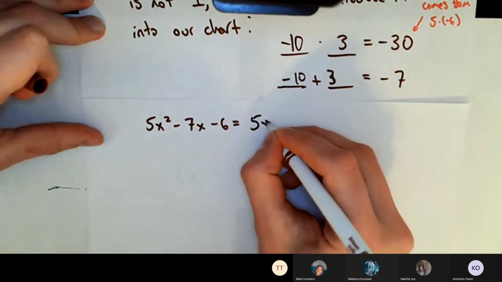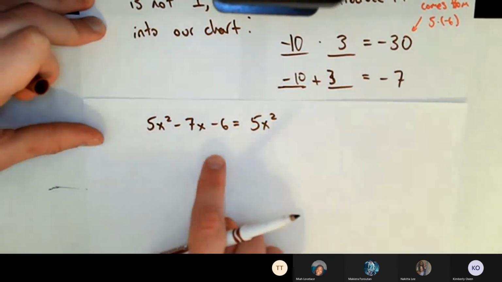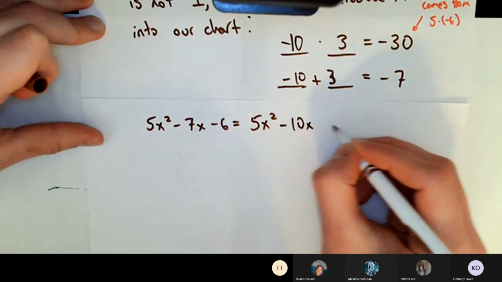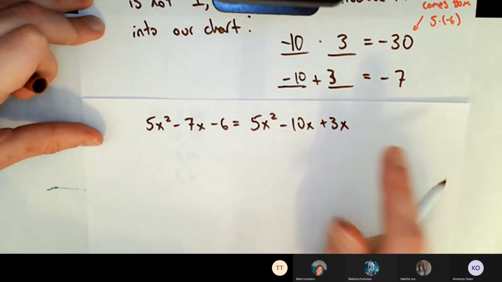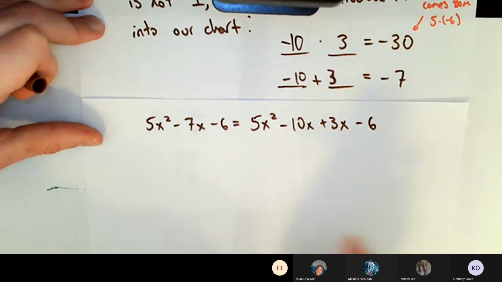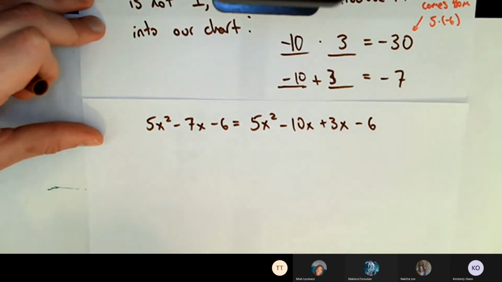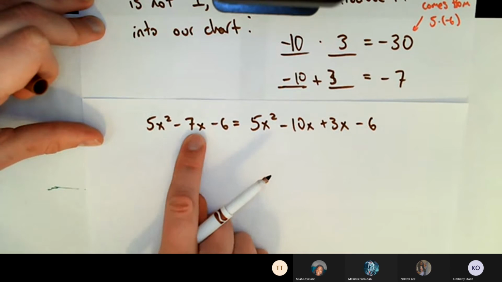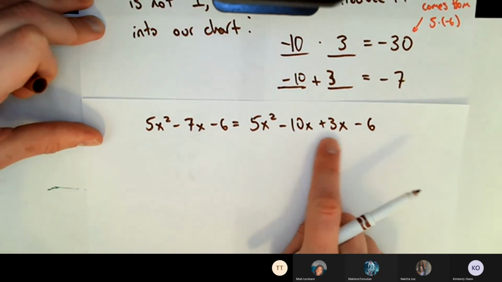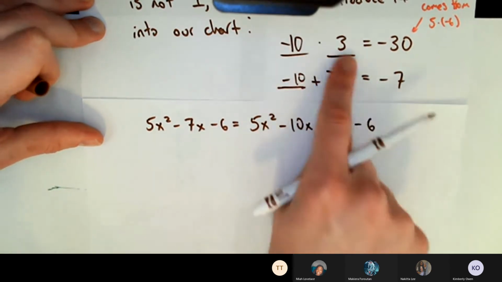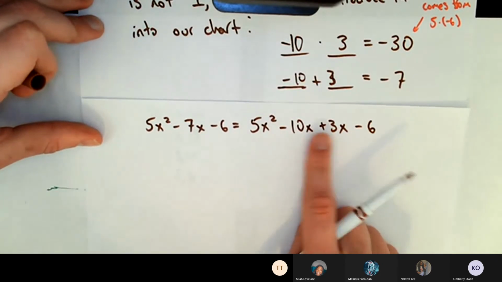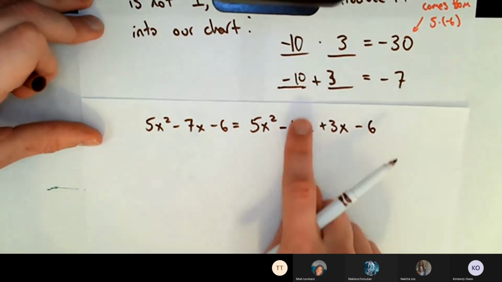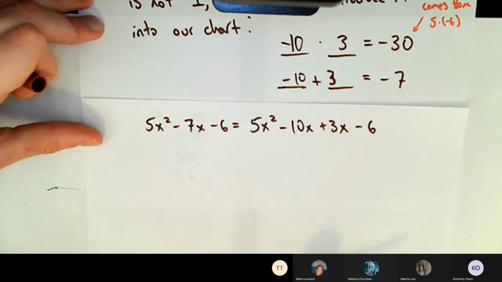So I say 5x squared, instead of minus 7x, I say minus 10x plus 3x. Okay, there's the -10 and the positive 3. And then minus 6. Of course, the minus 6 just carries over. So I'm rewriting my -7x as -10x plus 3x, which are straight from this chart. Of course, attaching the x, right? The x has to be there, but the numbers are coming straight from this chart.